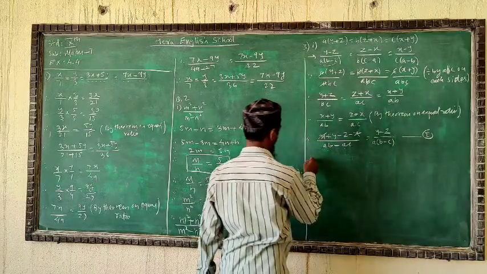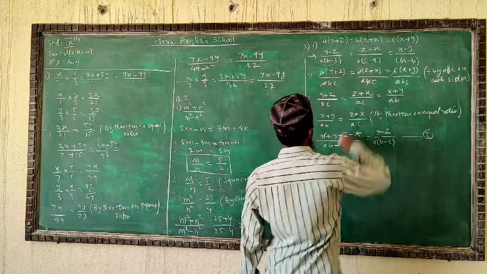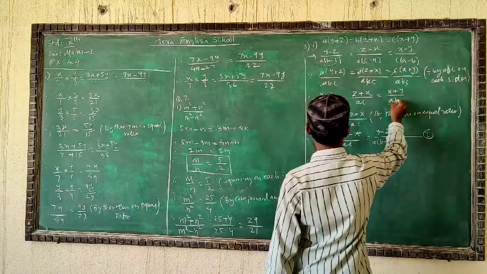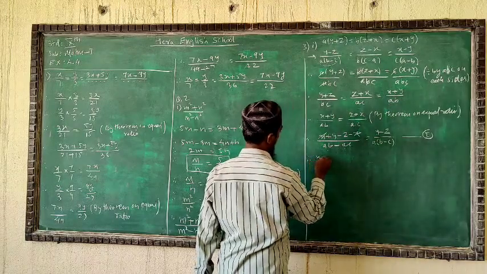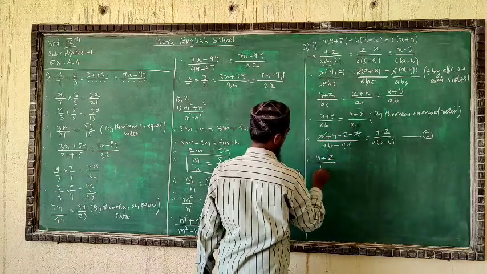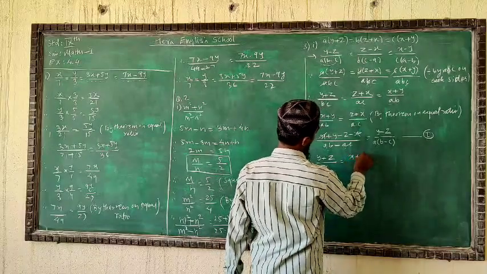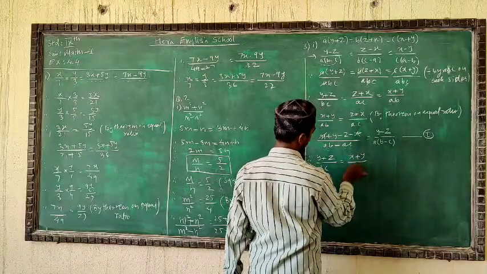According to the second one, see very well we have here bc and ba. First and last means y plus z upon bc, and the last one x plus y upon ab.